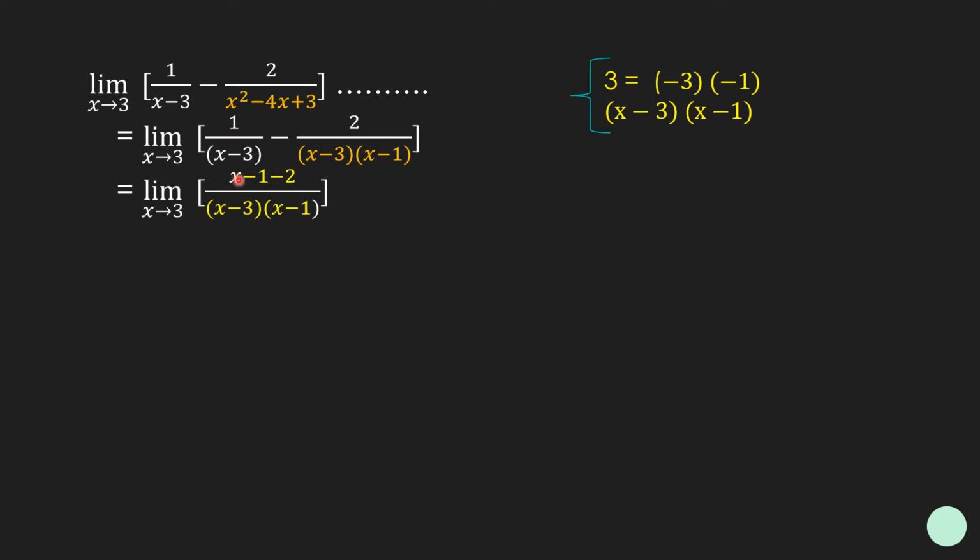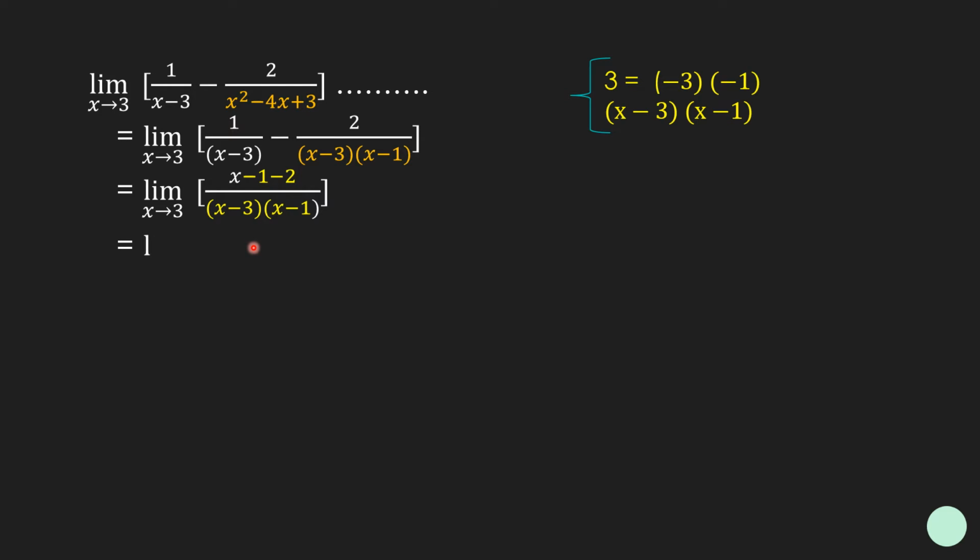So here it will be x minus 1. Next, we will divide this common denominator, which is here also, by the common denominator itself, which will give us 1, and we will multiply this minus 2 by that 1, so it will become minus 2.